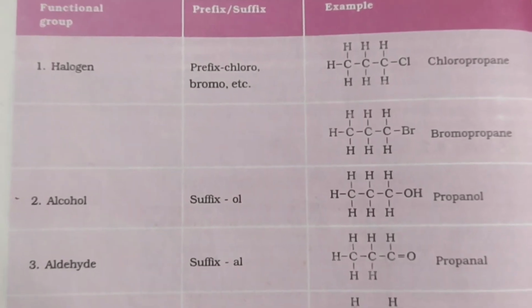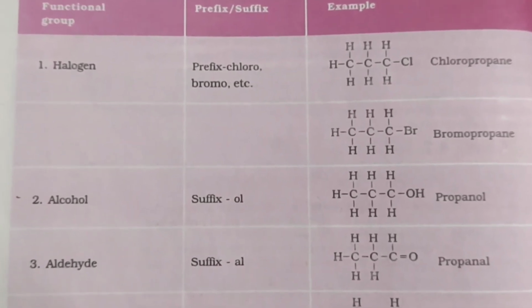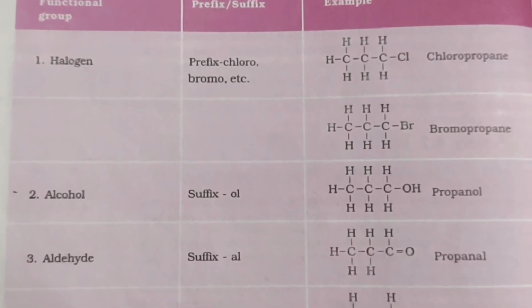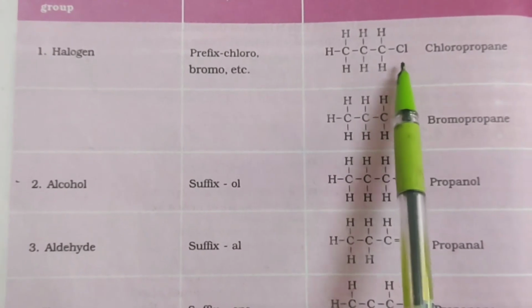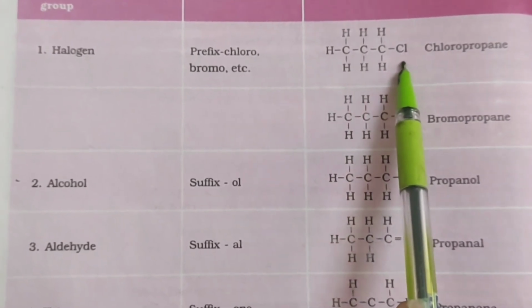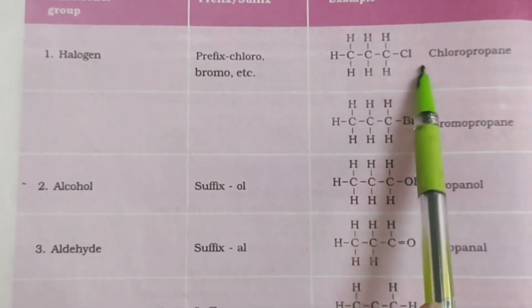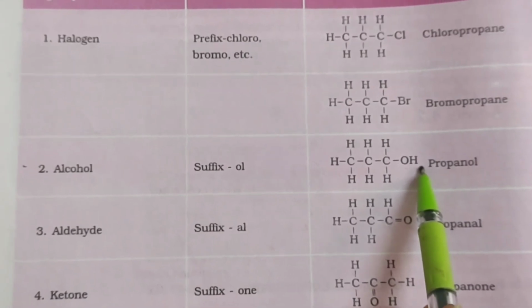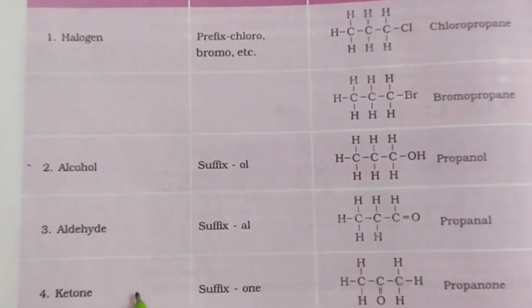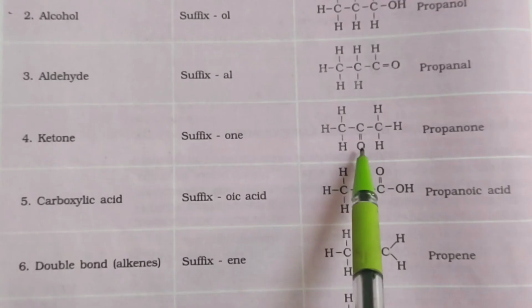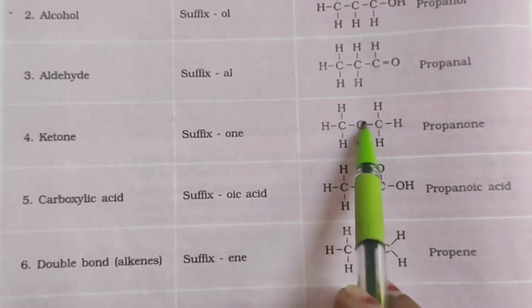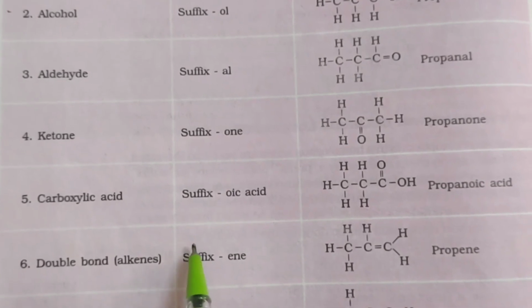Now let us see how to identify the compounds, whether it is alcohol, aldehydes, ketones, etc. Halogens can be identified by whether the compound contains chlorine, iodine, bromine, etc. Functional group in alcohol is OH. Then in aldehydes the functional group is CHO. In ketones, C double bond O is the functional group.